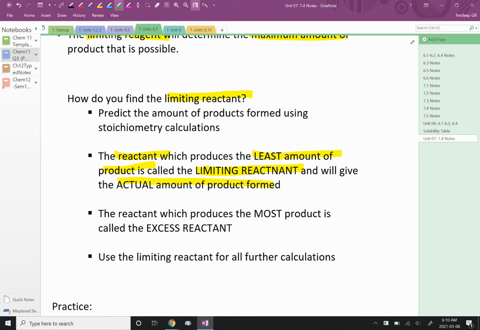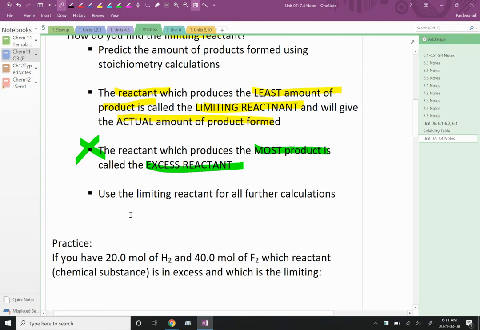Now, the reactant which produces the most product is going to be called the excess reactant, and we don't want to use that information moving forward. So we're only going to use the limiting reactant for all further calculations and values. So let's practice this.